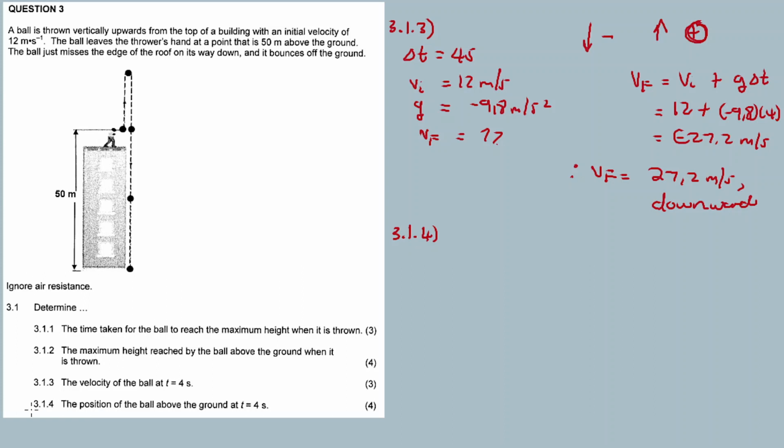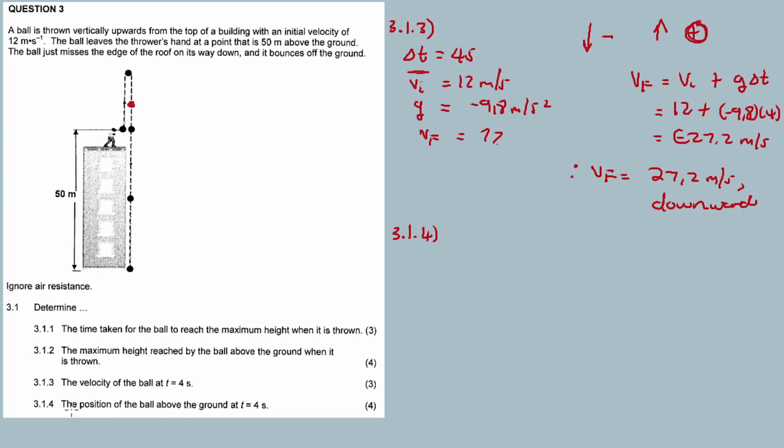3.1.4, the position of the ball above the ground at t equal to 4 seconds. Alright again, at t equal to 4 seconds the ball is already coming down.